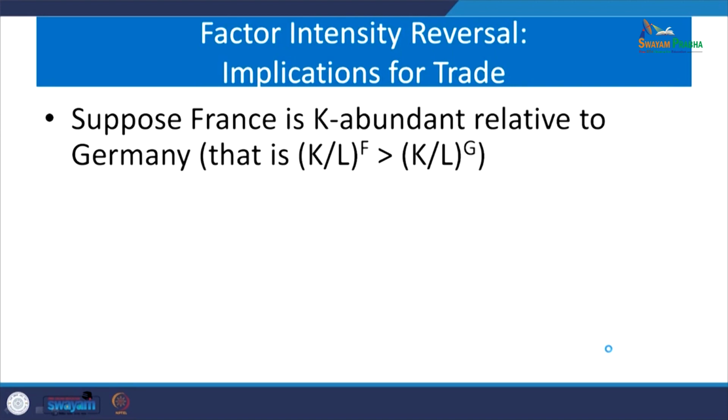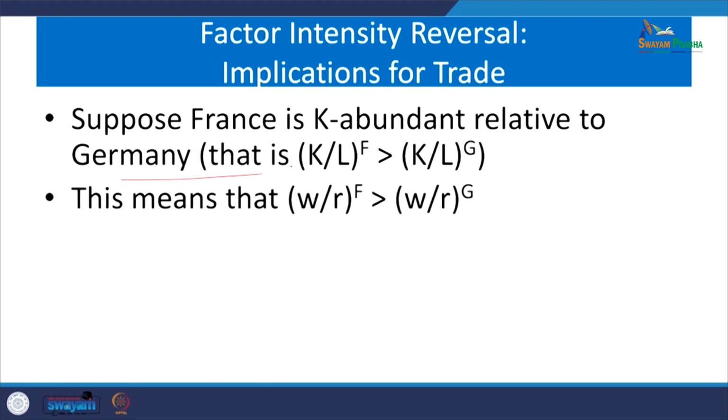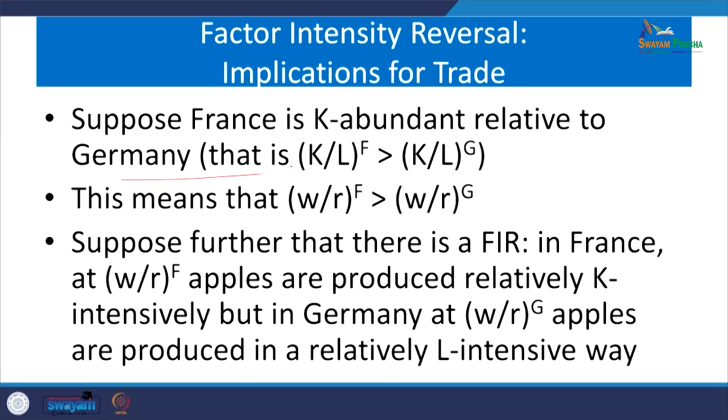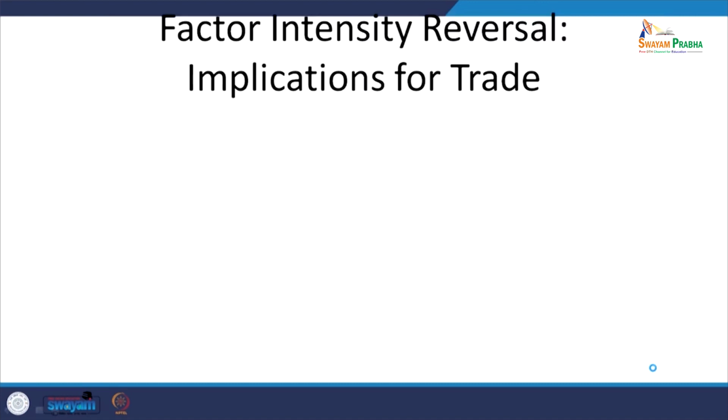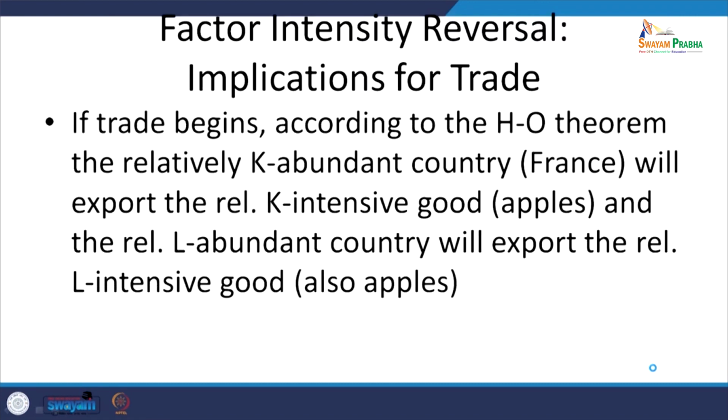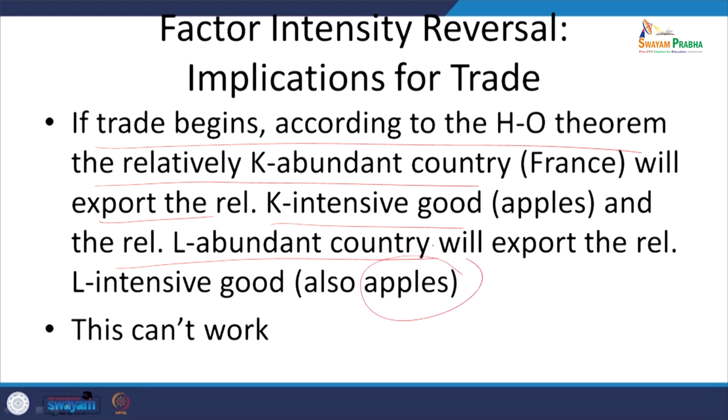Suppose France is another example: France is capital abundant relative to Germany. Accordingly the ratio of uses is made, and we have already discussed how intensiveness is defined and how factor intensity reversals work. If trade begins, according to the HO theorem the relatively capital abundant country will export the relatively capital intensive good, and the relatively labor abundant country will export the relatively labor intensive good, which is contradicted by the example of apples I just gave.